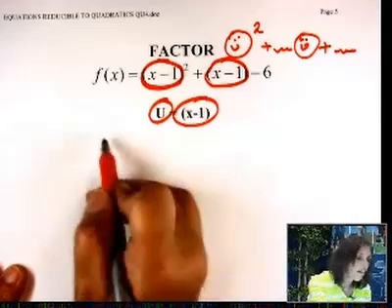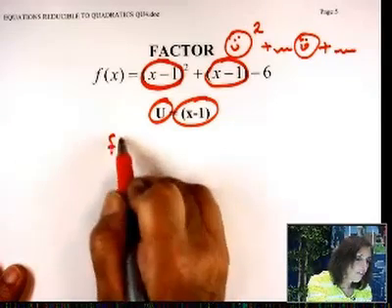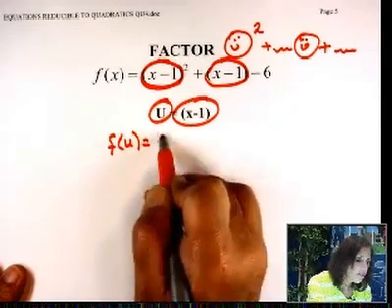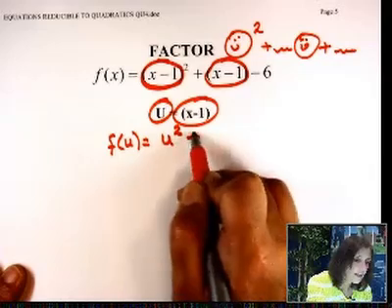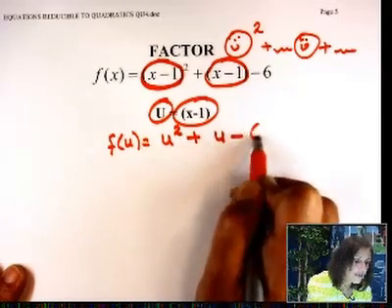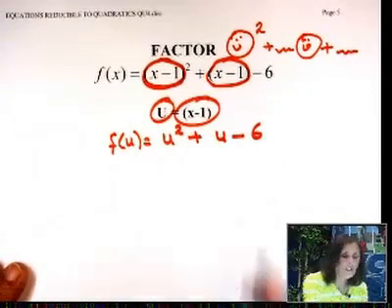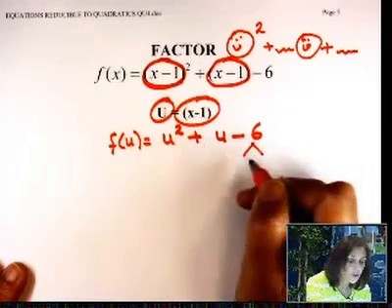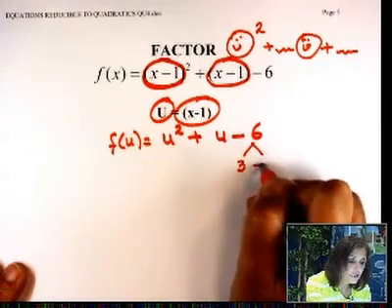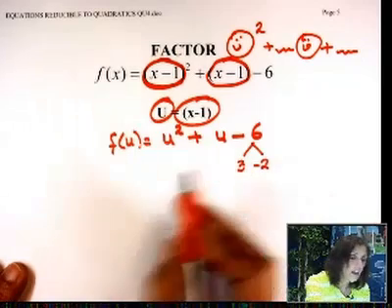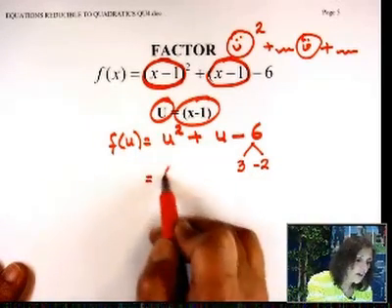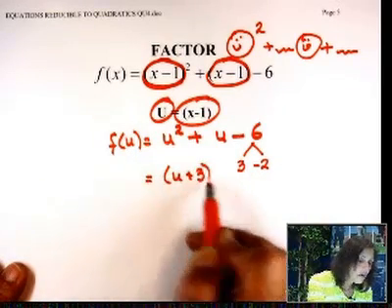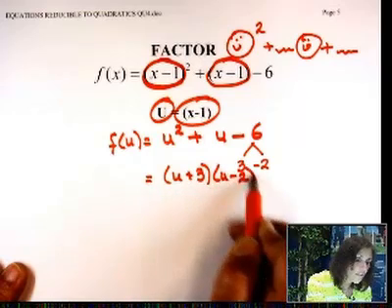Now I'm going to write f of u equals u squared plus u minus 6. And remember how I factor this. This is going to be 3 times negative 2. And this is going to give me u plus 3, u minus 2.